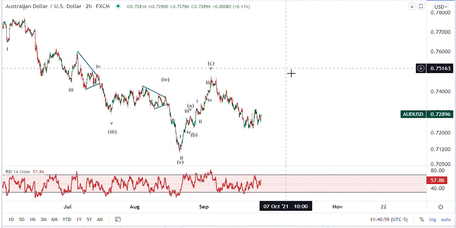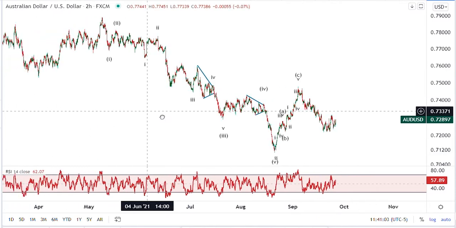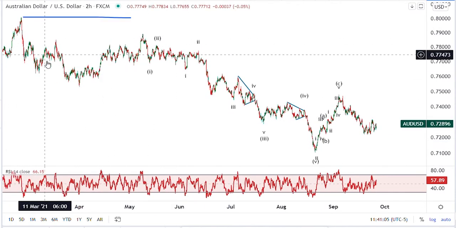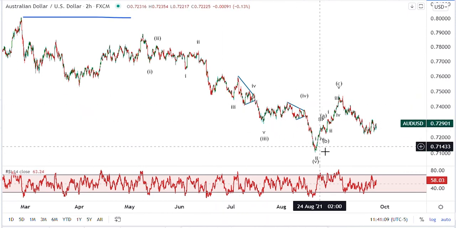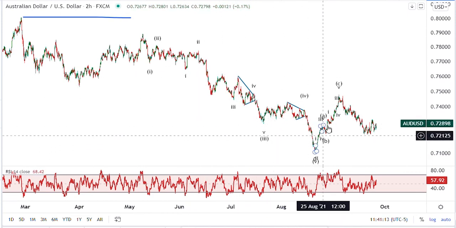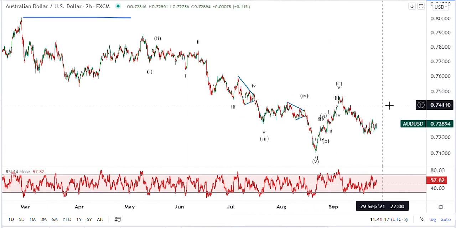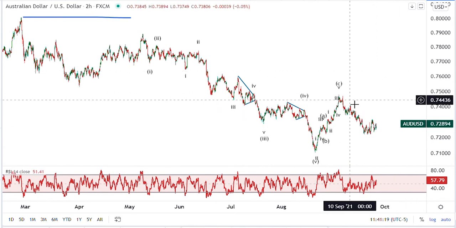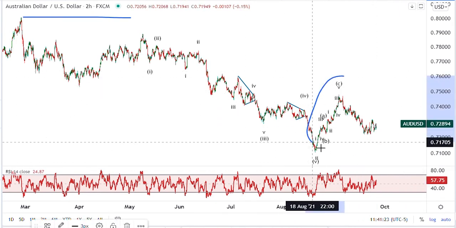So what may be going on here? Well, in summary, here's what we're looking at. We've got a corrective wave back here, followed by a nice harmony and geometry within this impulse wave lower. We've got a corrective wave higher, followed by a corrective wave lower. So we're probably going to get another wave higher that is going to be a cousin wave to this one.